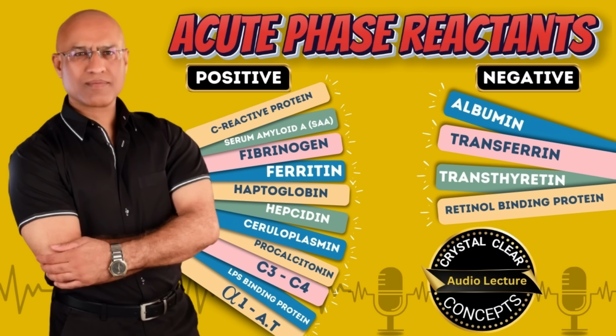Extreme exercise also damages our cells and muscles, and there are changes in acute phase reactants. Metabolic stresses, like central obesity or insulin resistance, right?